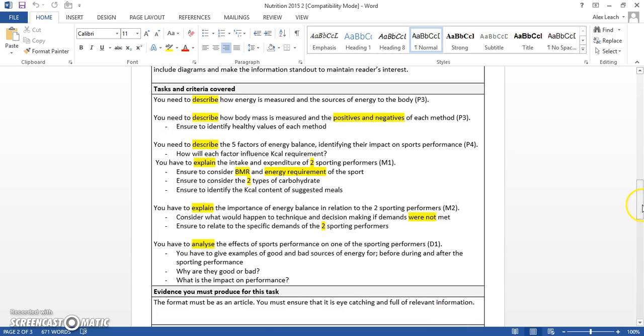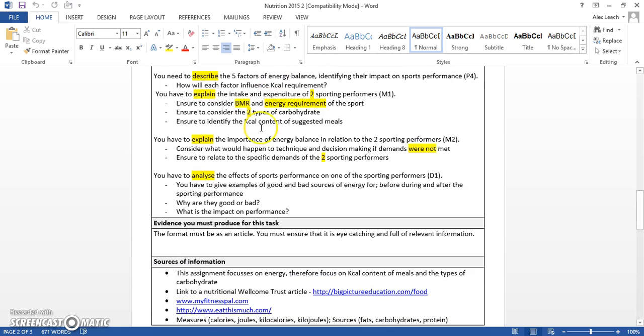Then you get to what we were utilising the study task for. So explain the intake and energy expenditure for 2 sport performers. So utilise your workbook, which is on Blackboard if you've lost it. You need to come up with a gender, an age, and a weight in kilograms for your athlete. You then need to work out how many kilocalories they require for their specific activity, which should be on that table.